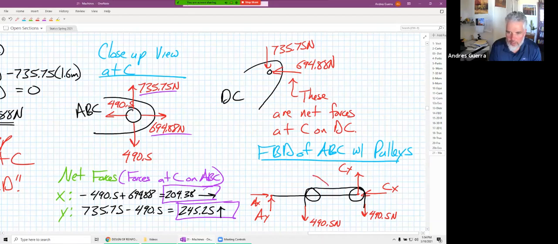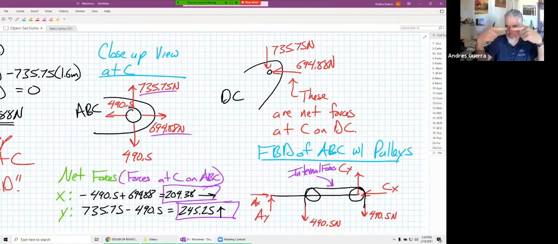This, and actually let me do that in a different color. This is internal. Those would be internal forces. And that, so actually that 490.5, but remember what happened to the 490.5s when we took it off the pulleys? Those canceled out. They were both going towards one another, weren't they?